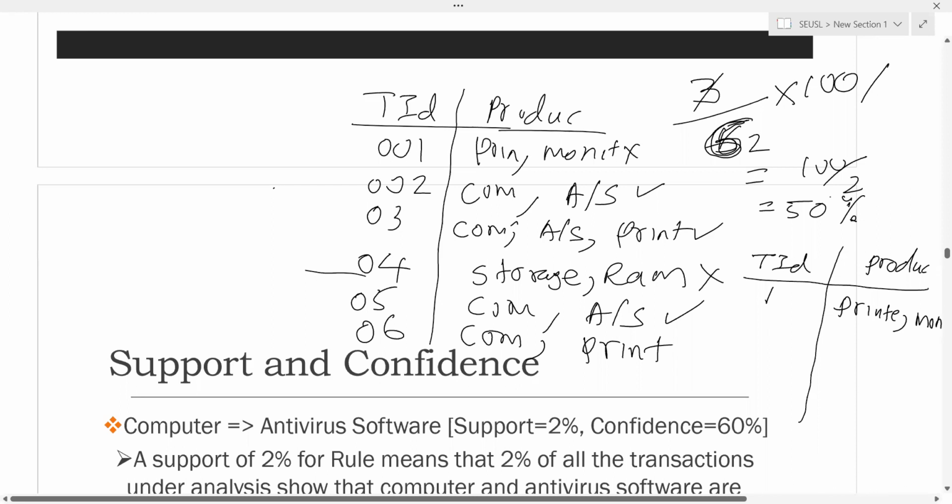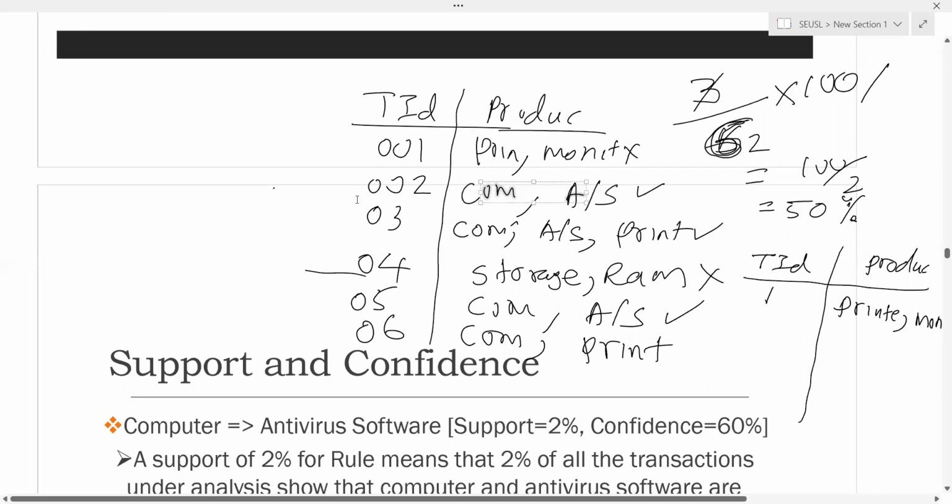Let's say in a supermarket, you consider all 1,000 transactions. Among the 1,000 transactions, how many transactions did the person buy bread and milk? Similarly, here we are checking how many transactions buy these two products, computers and antivirus software.